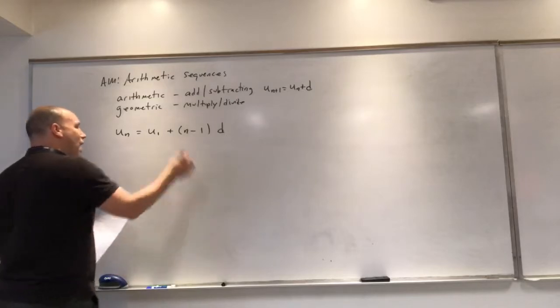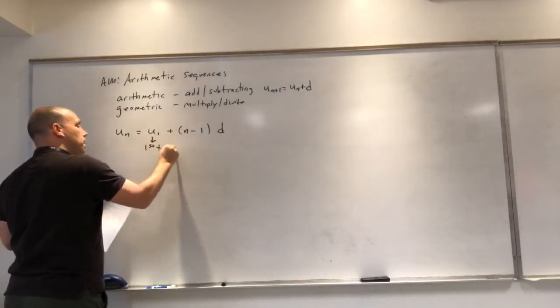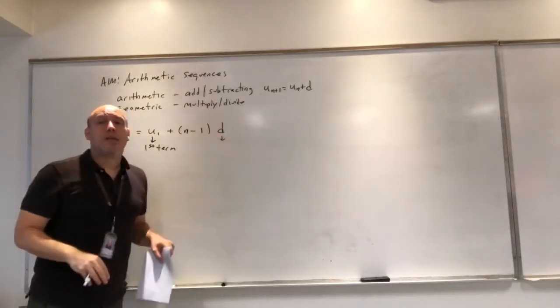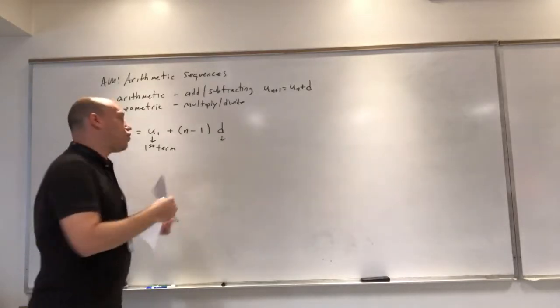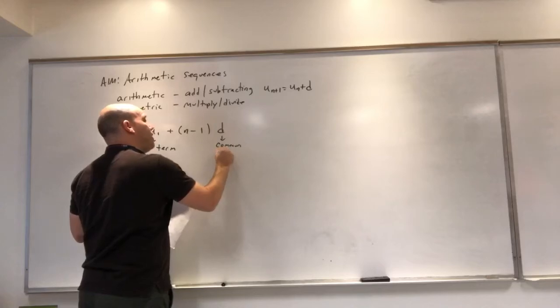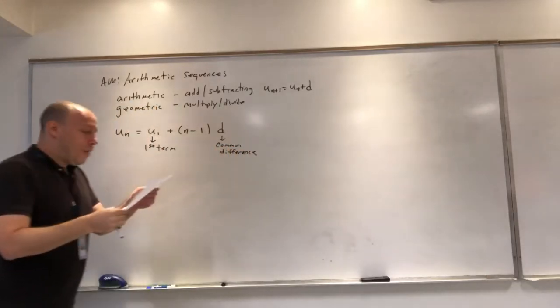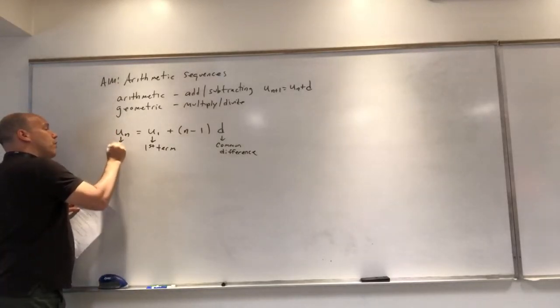So first we have u of 1. This is the first term. We have d, which is known as the common difference. This is how we jump to the next term. We have u of n, which is the nth term.